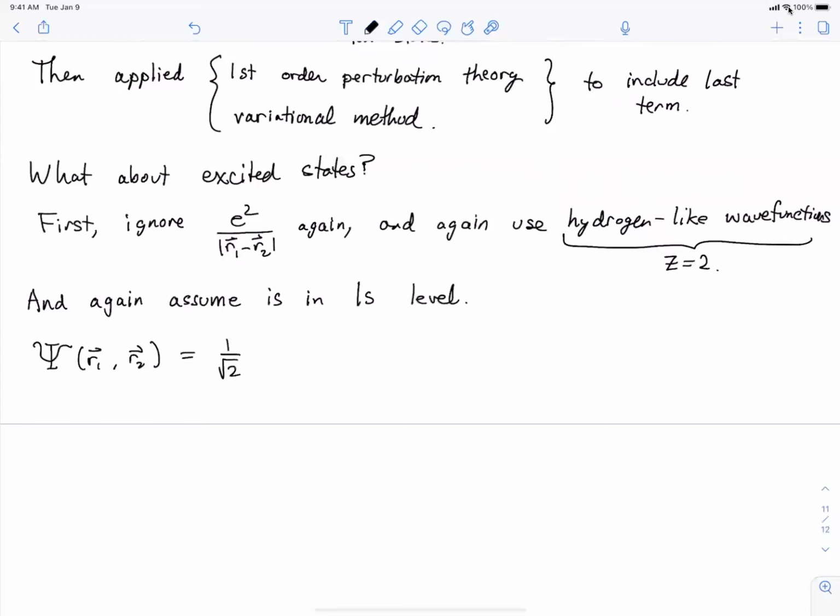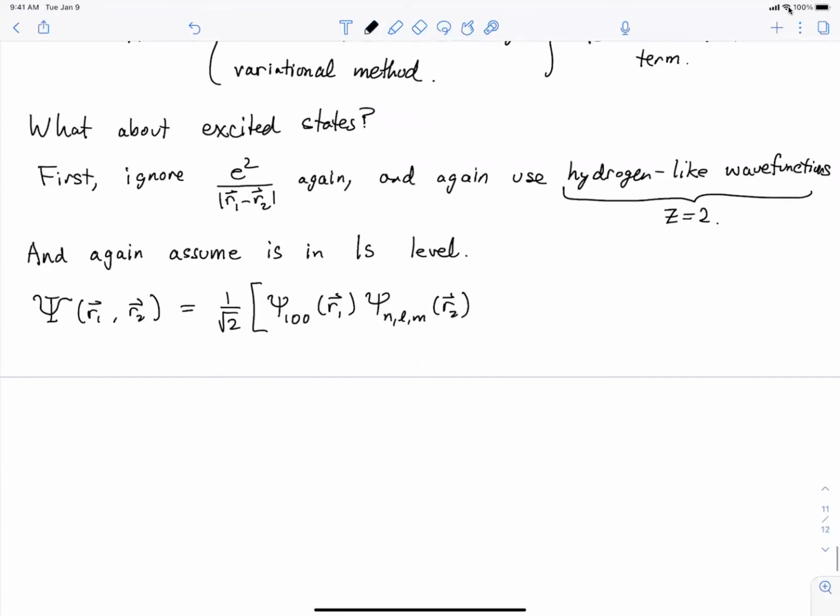So it's going to be 1/√2. Here's my electron that's in the 1s ground state level. And then the other one's in some other level, which I don't want to be the ground state because that would just give me the total ground state. So now having written that down, I know I have to put in the same thing with r1 and r2 interchanged, and that can be either plus or minus.